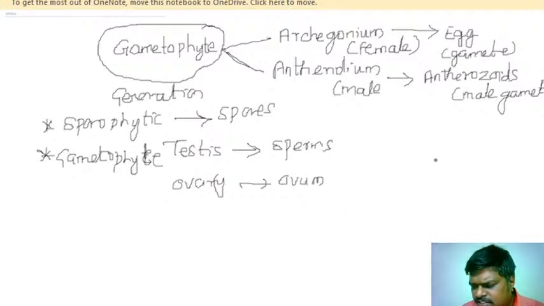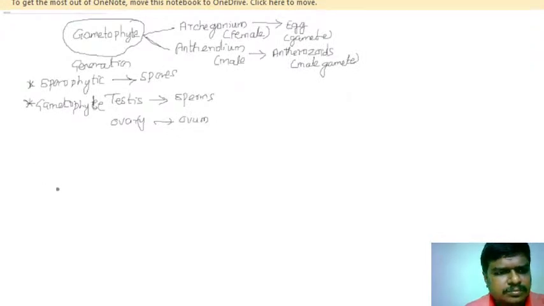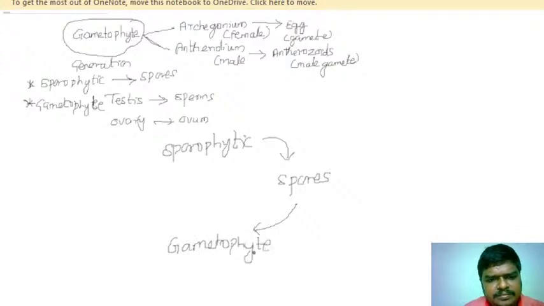So this is actually a cycle that you can see in organisms. In the sporophytic generation, it produces spores. The spores develop into the gametophyte plant.